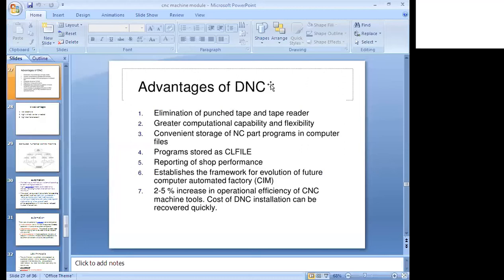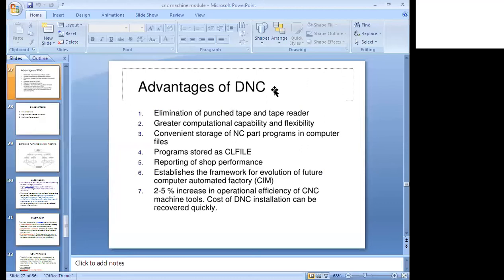Okay, coming to the second point, the next slide, which is the advantages of DNC. This is very important. Why are we using it? Already we have the lathe machine, the non-traditional machine, the NC numerical control machine, and such a nice machine as the CNC machine.